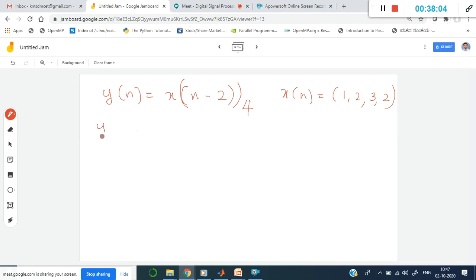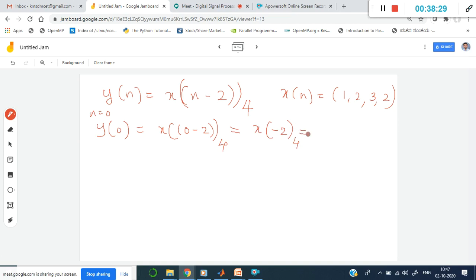Now find y of n, first putting n equal to 0: x of 0 minus 2, and this is mod value as I told you, which means there will never be a negative value. So this is not x of minus 2, but x of minus 2 with mod value of 4.